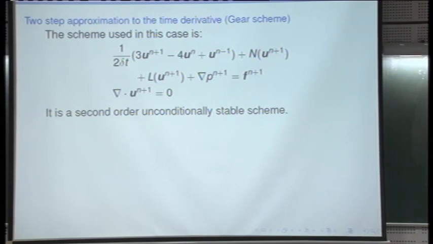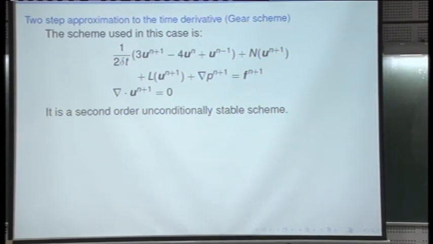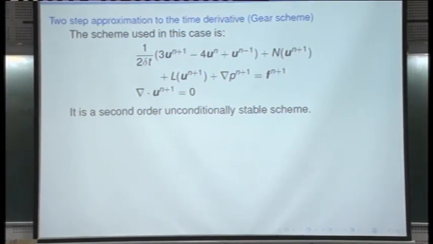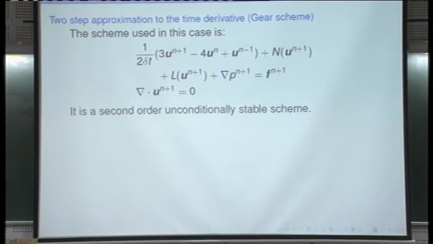By the way, the most stable one is, I would say, the BDF2. It's definitely more stable than Crank-Nicholson, even though both are second order. Second order means that the difference between the exact u at time n plus 1 and the approximation is of order delta t squared. It's second order and unconditionally stable.